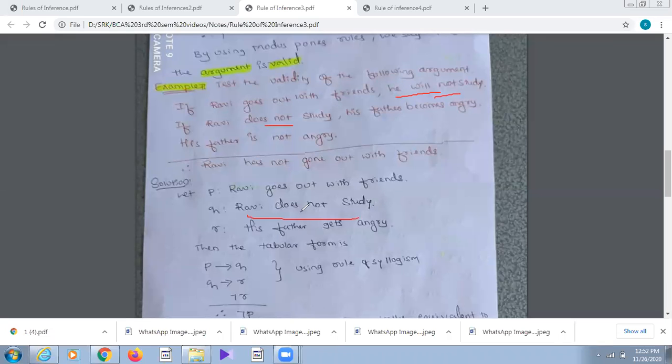If a sentence like Ravi does study is there in the argument, then we take Ravi studies as Q. Whenever not comes in the argument, check whether the opposite of that sentence is there. If it is not, you take the sentence directly as Q or P or S, like that.